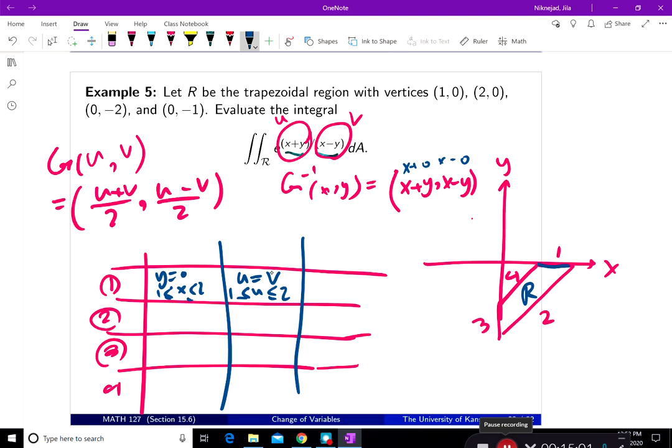Now, the second boundary is this one. And the second boundary we decided was x minus y equal to 2. And x runs again, it starts at 2, goes all the way to 0.